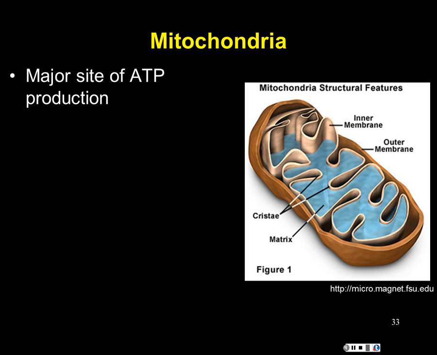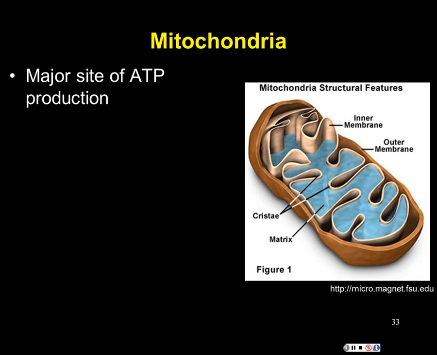What's an important role of mitochondria? To make something called ATP, which is a molecule for energy transformation. So we're going to talk about energy transformation in chapter 3, and once we understand how ATP is made, we can use it through the rest of the semester.